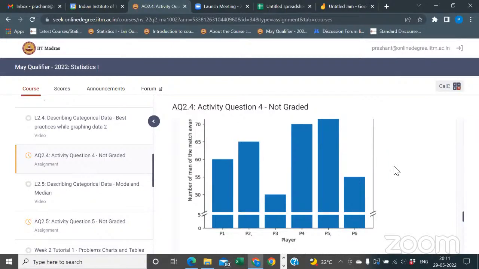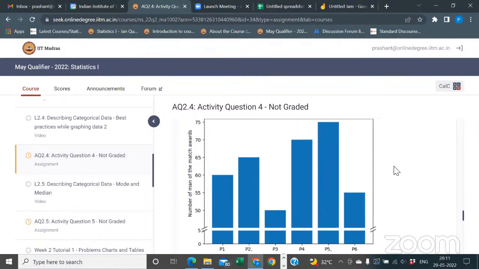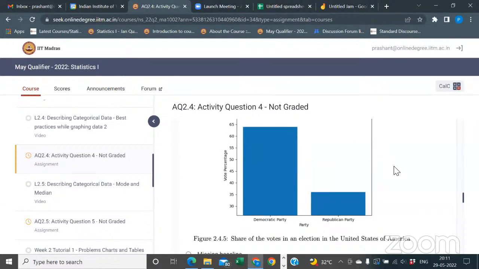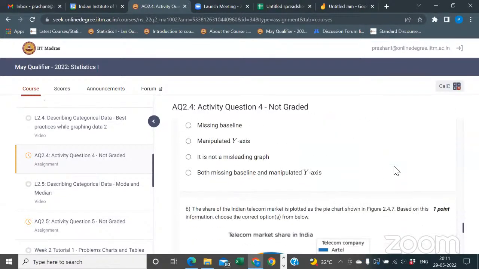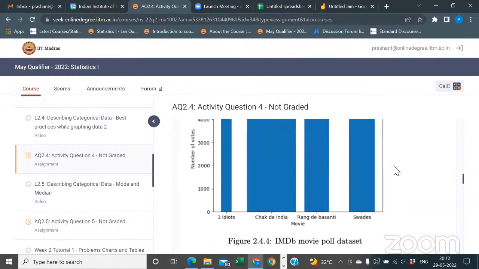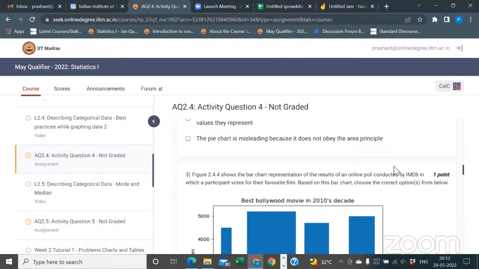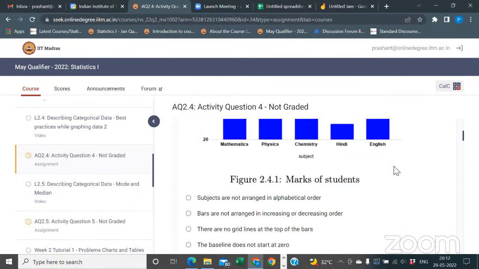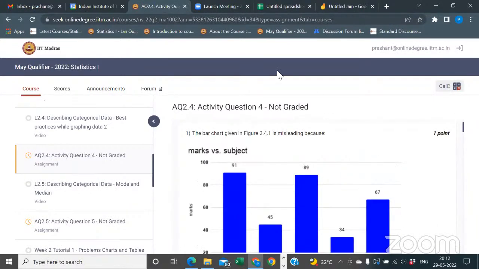So is this manipulated? But sir, in one of the questions I saw the same thing, a 30-30 difference with a baseline, but that was wrong. Can you check and tell me, and then I will tell you. Yes, sir, sure. Just check and tell me.